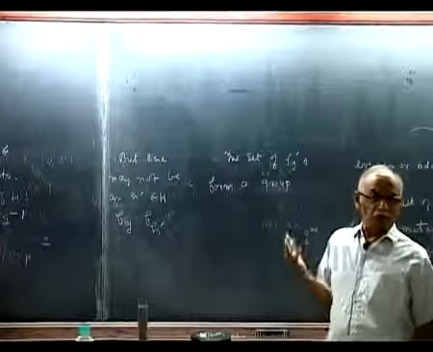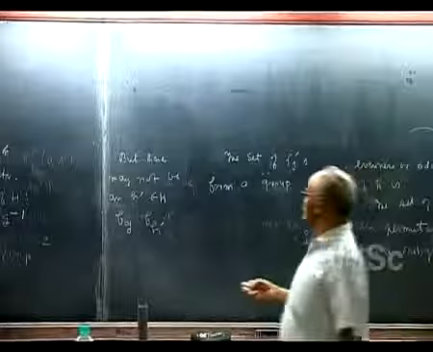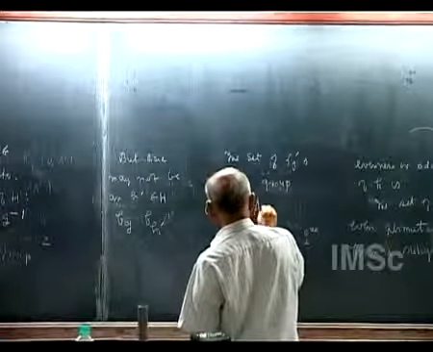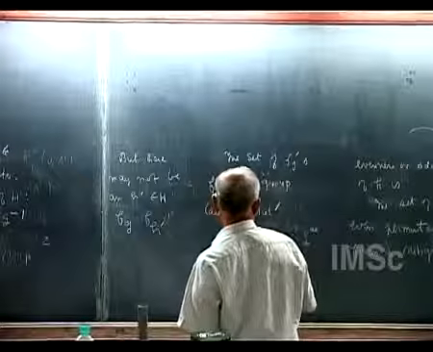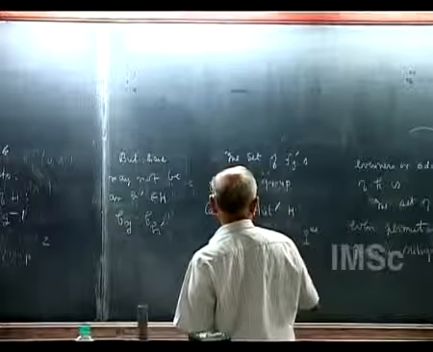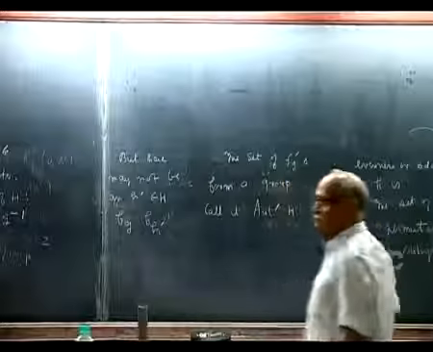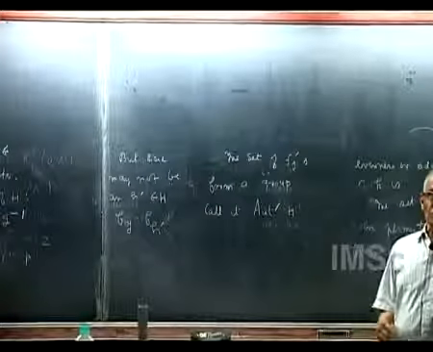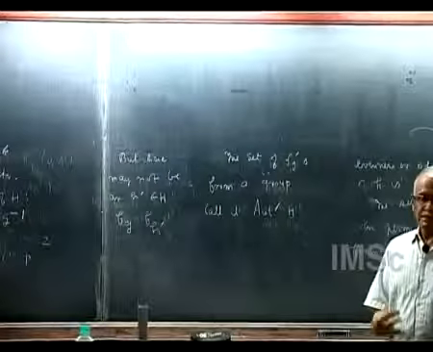It may not be all the automorphisms of H, so let me call it automorphism prime of H. I am putting a prime there because I do not know that I am exhausting all automorphisms of H. In general, that is not true.